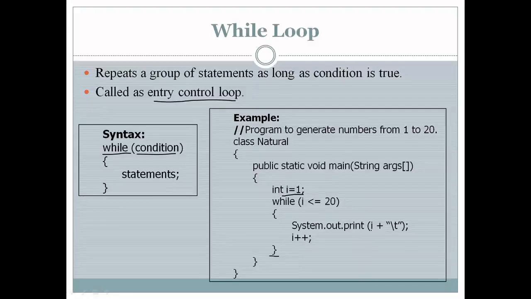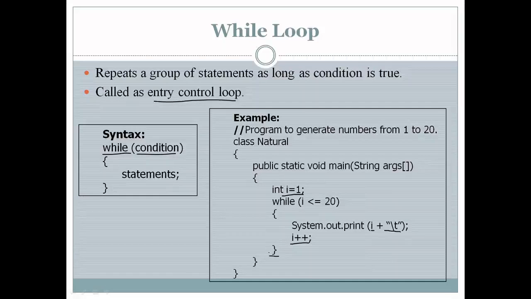We are printing the value of variable I. The initial value of I is 1, so it will print 1, and we have concatenated that with \t, which means it will give us some space after printing the value. Then the next statement increments the counter variable by 1. So I++: initially it was 1, and here it is incremented by 1, so it becomes 2. Then we have the closing bracket of the while loop.